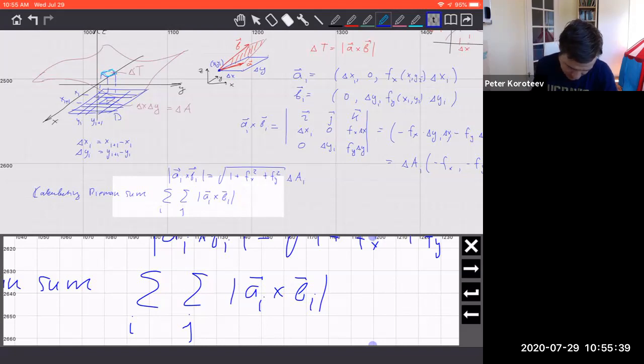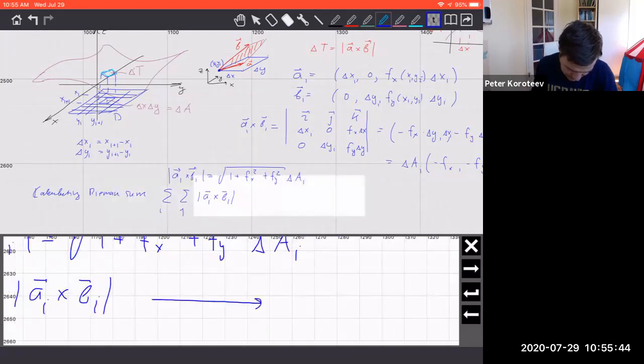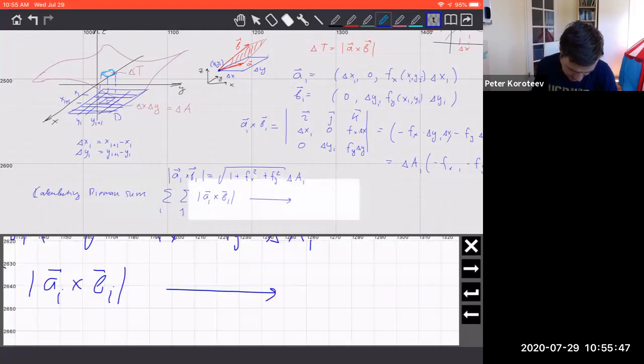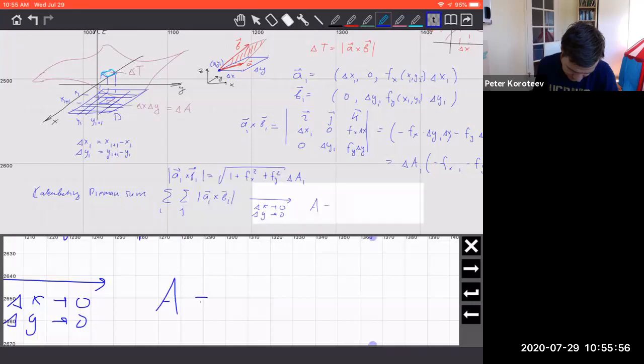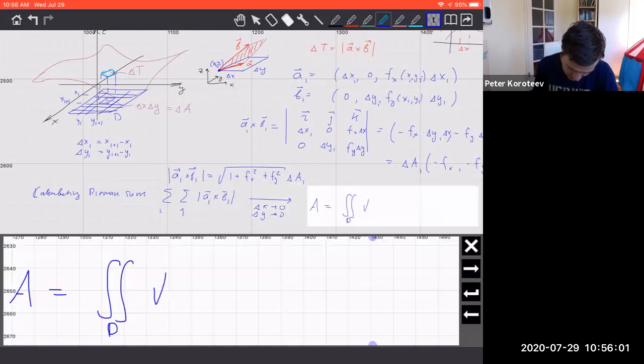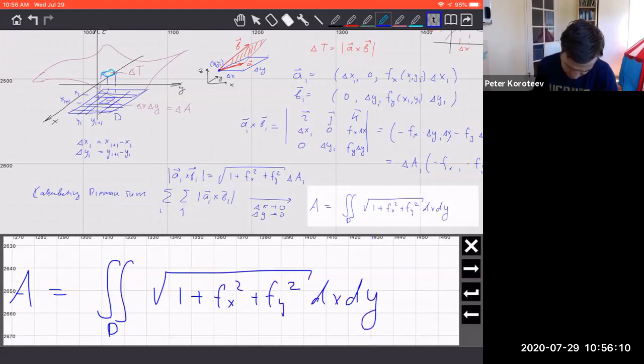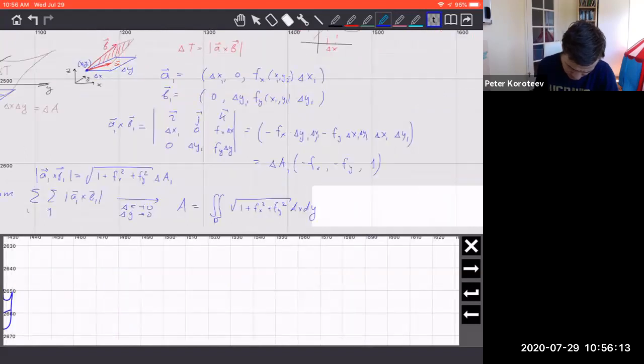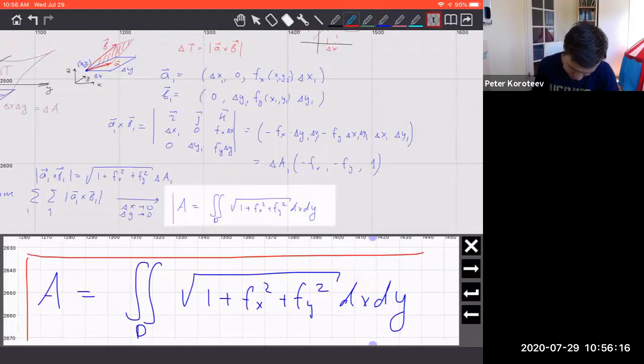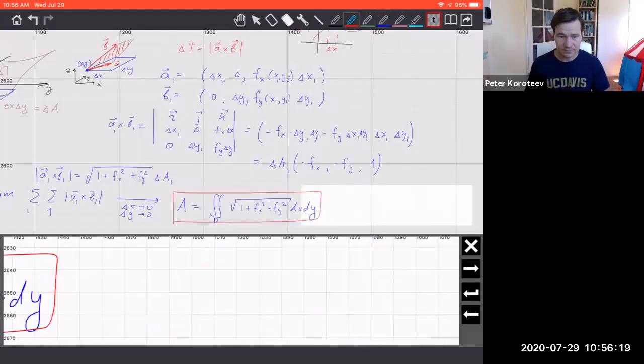Anyway, let me not label. And then by sending delta x to 0 and delta y to 0, we'll get that the area is equal to the integral over D of the square root of 1 plus f_x squared plus f_y squared dx dy. That's the formula.